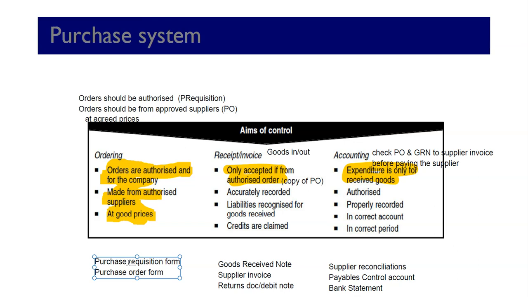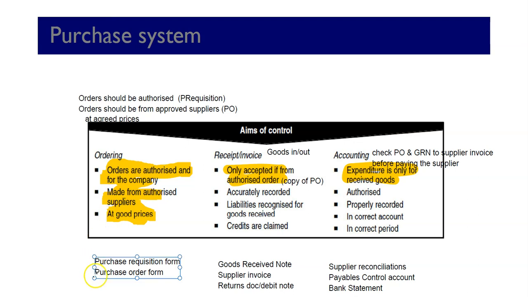They go to their head of department and that person approves the purchase on a purchase requisition form. That purchase requisition form is then sent through to whoever is responsible for purchasing. And so it says here orders are authorized. So the purchase requisition form gives evidence of authorization. Then made from authorized suppliers at good prices.